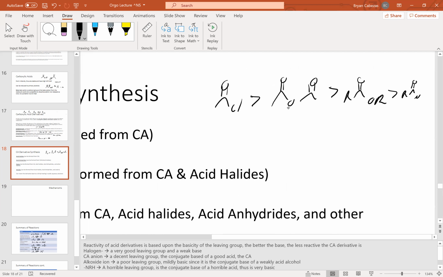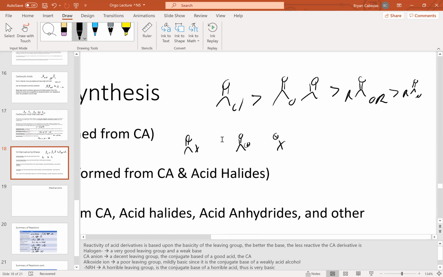If we remove the group from the acid halide, this would be a positive, and the group would be a halogen. A halogen is a pretty good leaving group, and it's also a weak base, so it's going to be pretty stable in the solution.